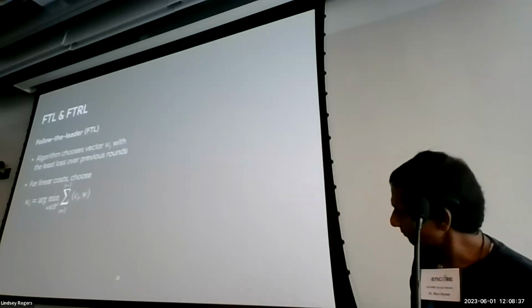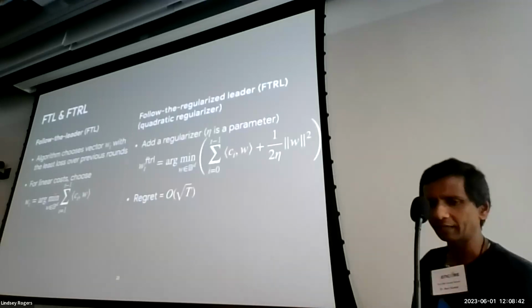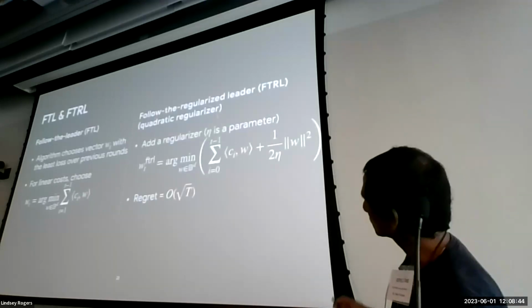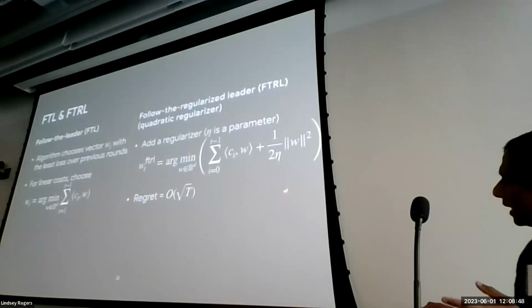It's a natural algorithm, but it turns out that this alone is not enough due to some technical reasons. You need to add what is called a regularizer. So you also want to make sure that the W that you respond with is not too big.